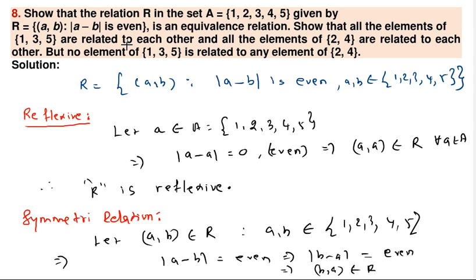All the elements of {1, 3, 5} are related to each other, and all the elements of {2, 4} are related to each other. We have to check it now.